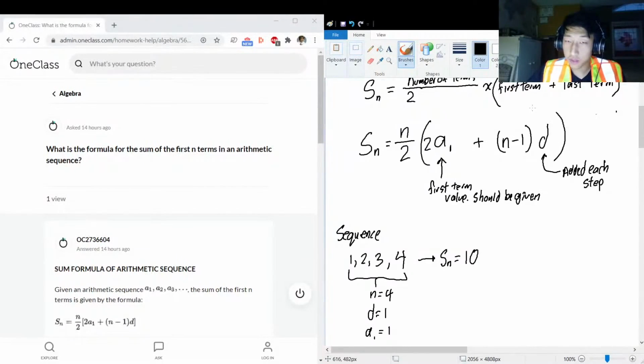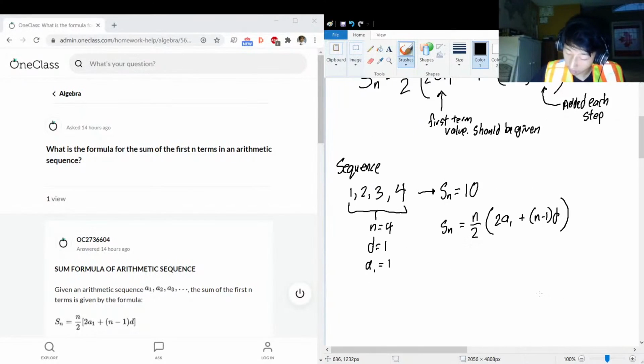Okay, let's run it through the equation and see if our equation is good. So Sn we expect to be n divided by 2 multiplied by 2 times A1 plus n minus 1 times d. Our n is 4, so 4 over 2 times 2 multiplied by 1, because 1 is our first term, plus 4 minus 1, multiplied by d, that's just 1.